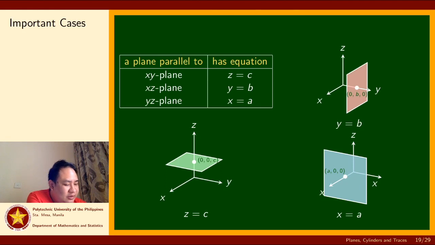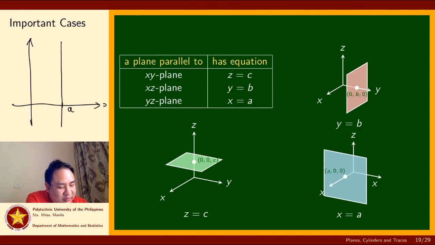And lastly, a plane parallel to the yz plane will have equation x equals a, because if a plane is parallel to the yz plane, pare-parehas ang mga x coordinates niyan. And if it passes through (a, 0, 0), then every point in the plane has x coordinate a. Kung maaalala nyo, sa Cartesian plane, kung yung line ay vertical at dumadaan dito sa a, sa x coordinate, ang equation niya ay x equals a.